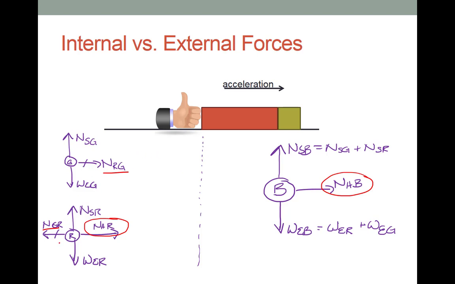When we joined our two blocks into one, however you want to think about it, those forces moved from being external to the two blocks when they were separate to becoming internal to the two blocks when they're combined. So if you want to think about it, they're both on this free body diagram potentially. But because they are equal in magnitude and opposite in direction, they cancel each other out and you don't need to consider them or draw them.